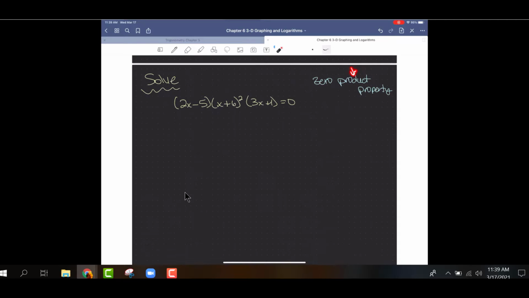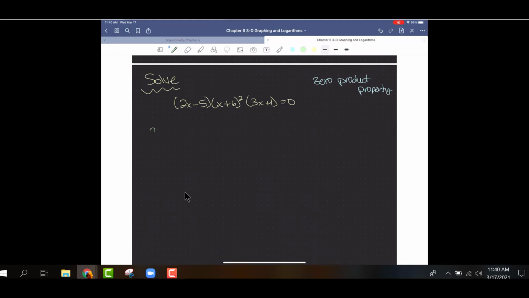So if you're multiplying factors together and you want it to equal 0, at least one of those factors has to equal 0, right? So these factors are all being multiplied. So either this one's got to equal 0, this one's got to equal 0, or this one's got to equal 0. So then we're just going to split it up and set them all equal to 0.